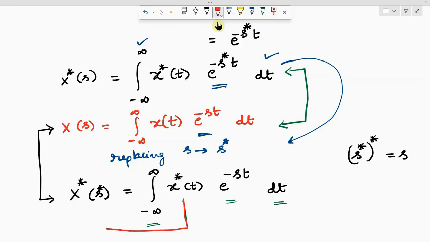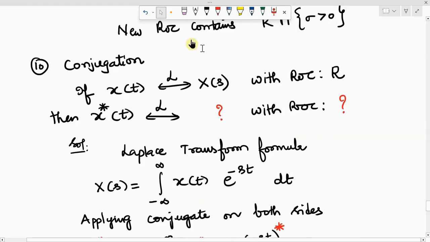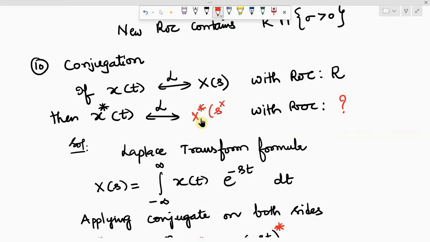X conjugate of t will have the Laplace transform x conjugate of s conjugate. Is this clear till here? Yes, sir. So I'm going to replace this question mark with x conjugate of s conjugate.